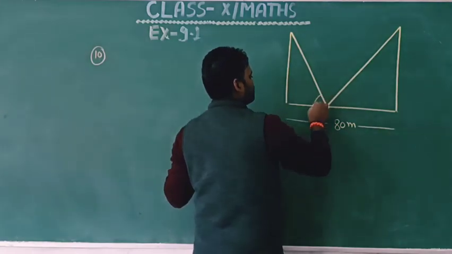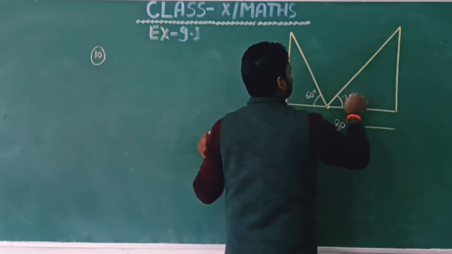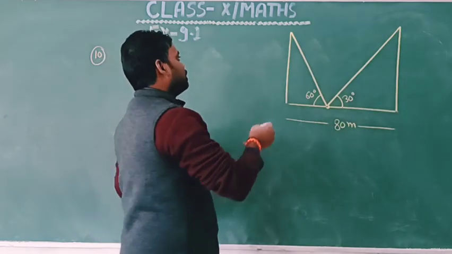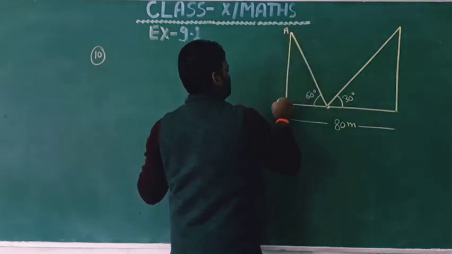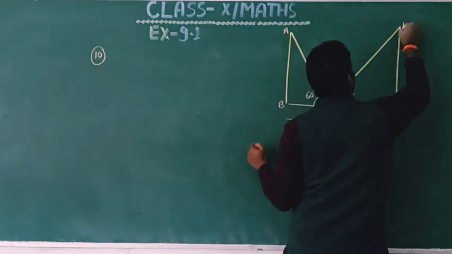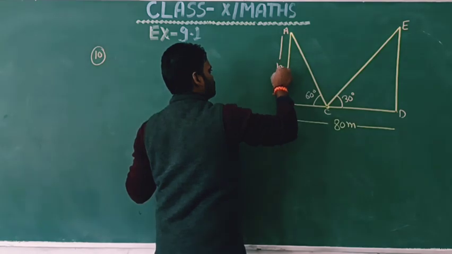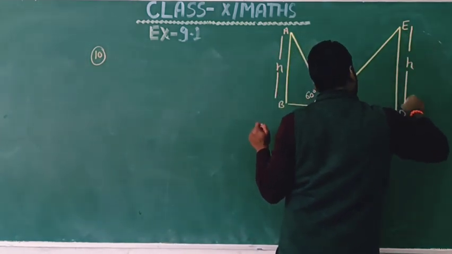This is 60 degree and this is 30 degree. Naming the points, this is A, B, C, D, E. So we need to find the height of the pole. Suppose this is H, both are H.